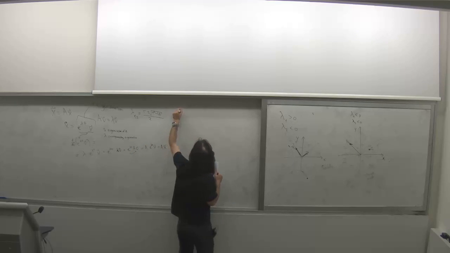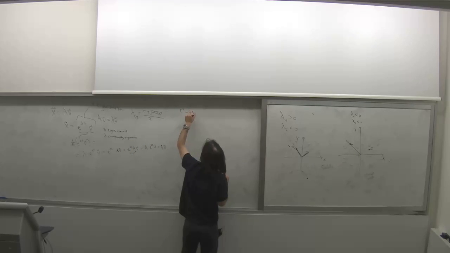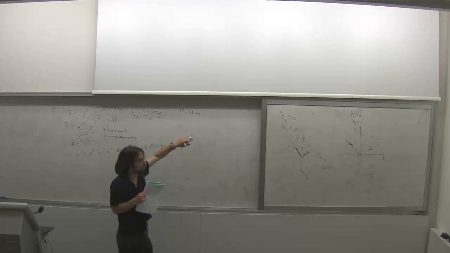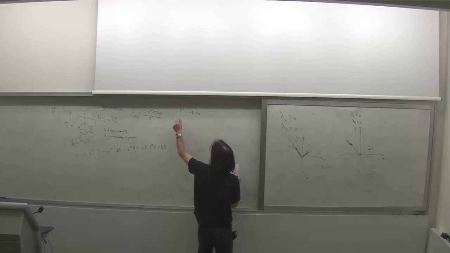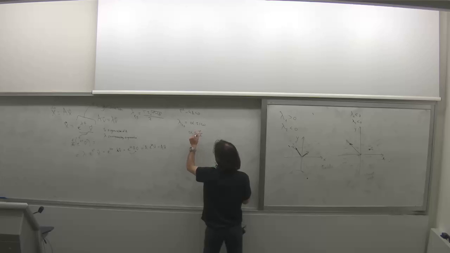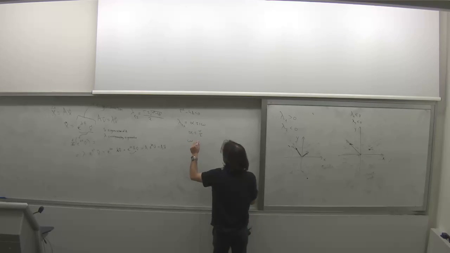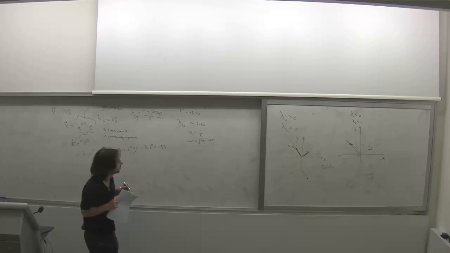So what happens if the expression inside the square root is negative? And we will actually get two complex eigenvalues where we define the real component as tau over 2 and the imaginary component as this.